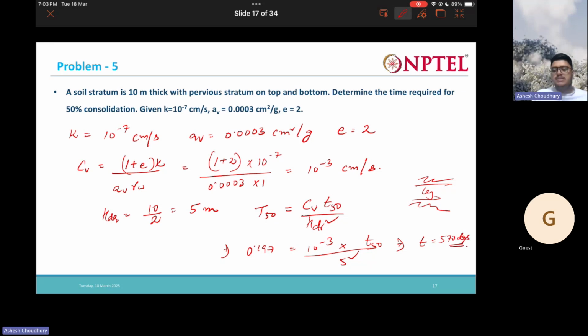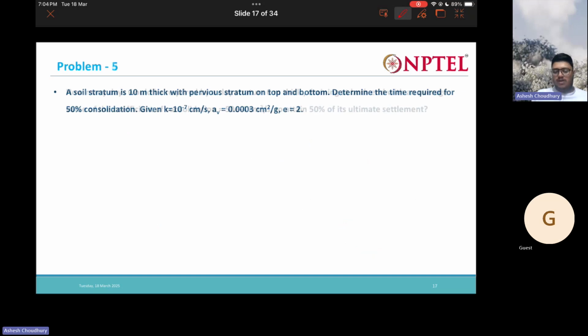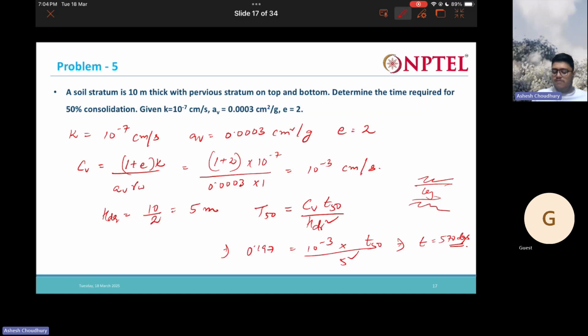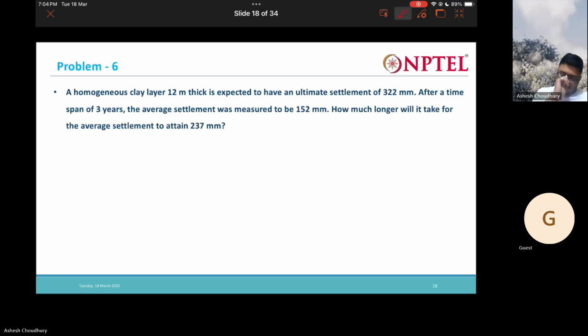Yeah, same problem. So both the problems are almost similar. Here CV was directly given to you, and here you had to calculate the CV from your AV. That's all. Everything else is the same. Now let us see this.